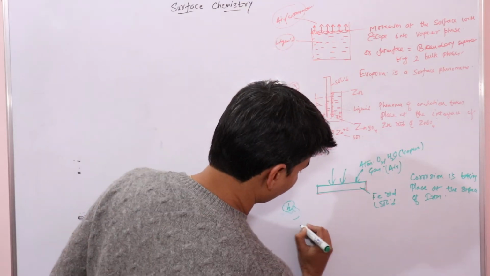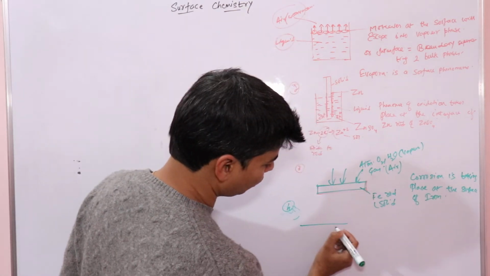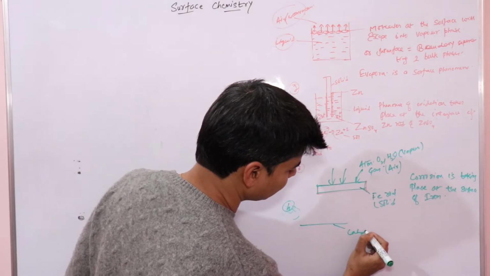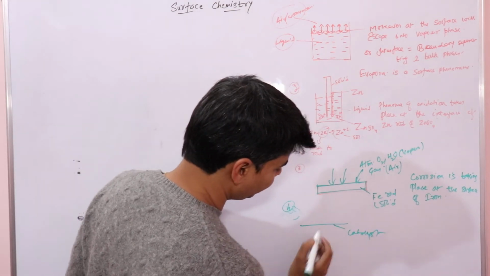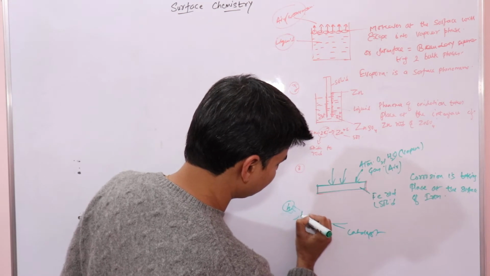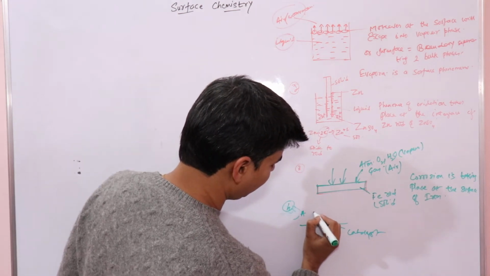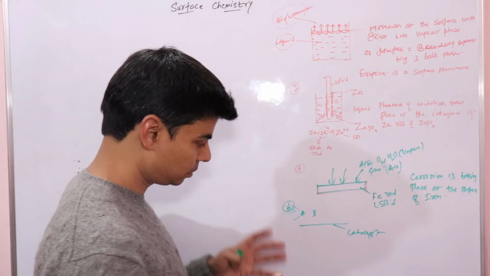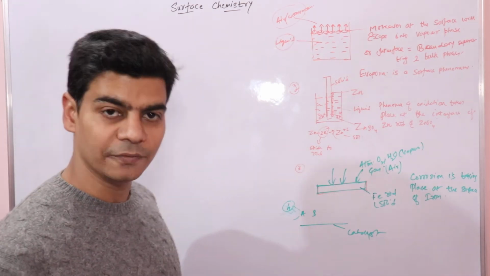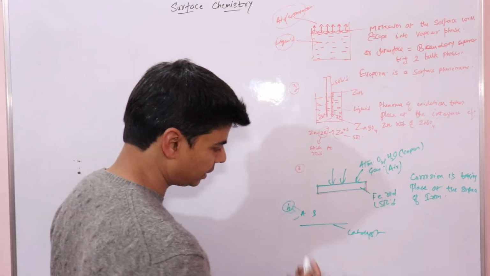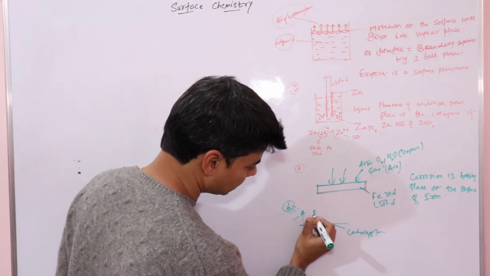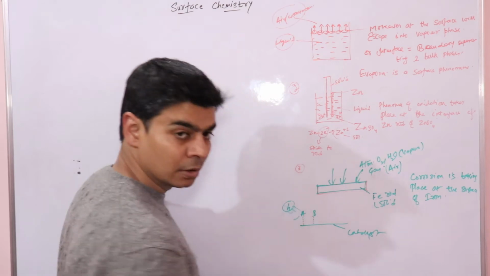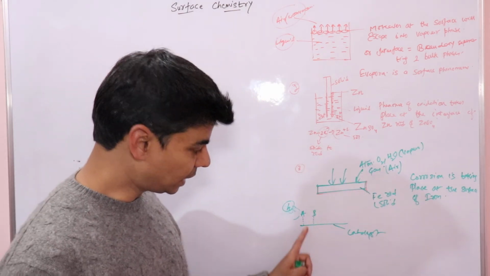And if this is your catalyst, which is a solid, and we have gases A and B which are trying to react, how does this catalyst increase the rate of reaction? These gases A and B will form temporary bonds with the catalyst.